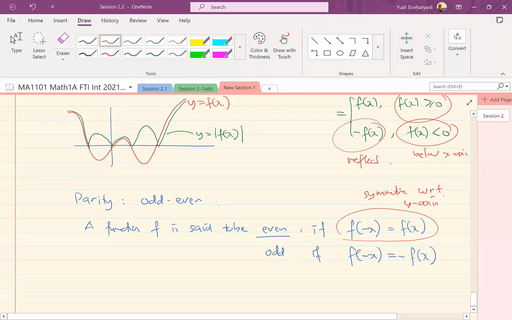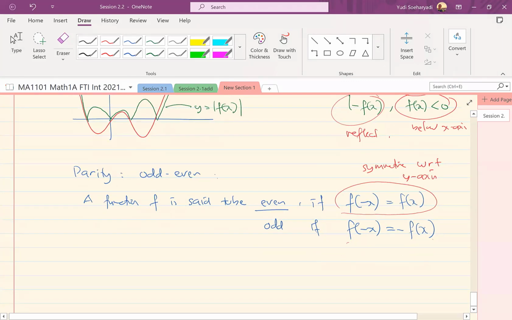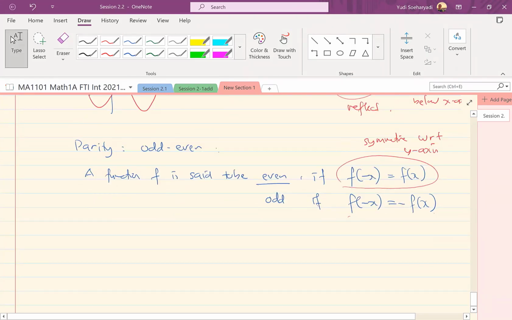Okay, on the other hand, this one is the negative of f here. So this is what is even. Even is easy.